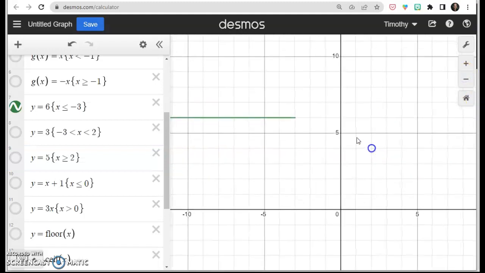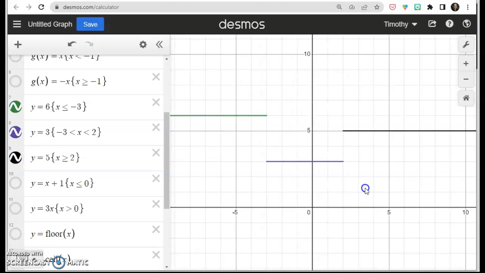There's 6, and notice it is behaving like that when I'm less than or equal to -3, closed circle there. In between the intervals of -3 and 2, on the purple line, it behaves like y equals 3. See there, notice crossing the y-axis at 3 here. And then it's back up to 5 whenever I'm greater than or equal to 2. So that's how Desmos will graph it.